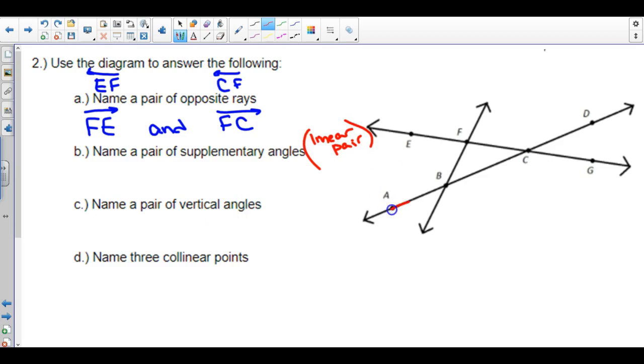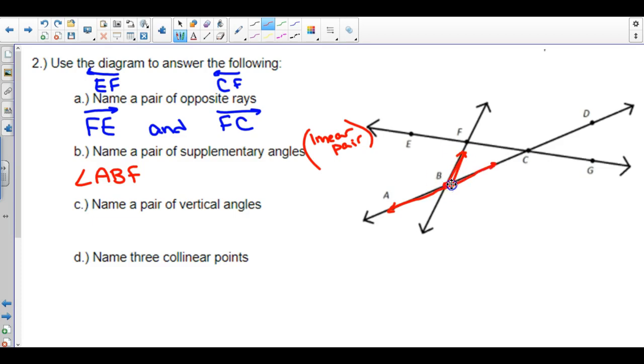So I'm going to take a look at this angle, and that is angle ABF. And I could also call that angle FBA if you were to flip the order, as long as B is in the middle, since B is the vertex point. And I also want to name then the angle starting where my cursor is going through B and in this direction.